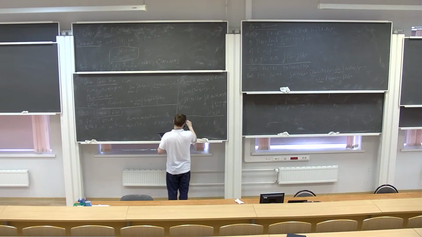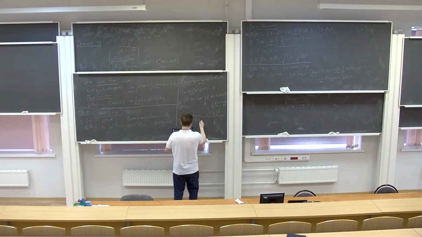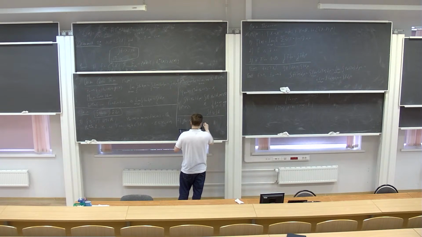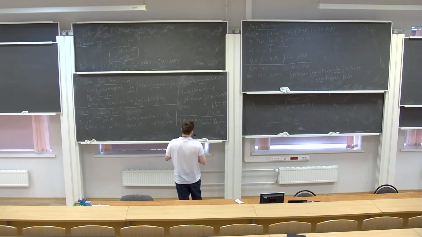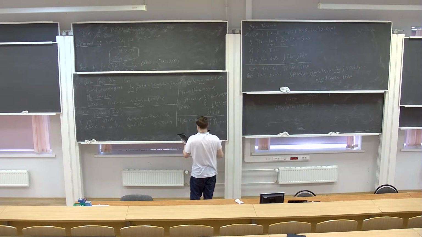Instead, we are going to use functions gn of x, which are going to be defined this way. Basically, if function f of x goes below minus n, then gn of x is just going to be minus n.